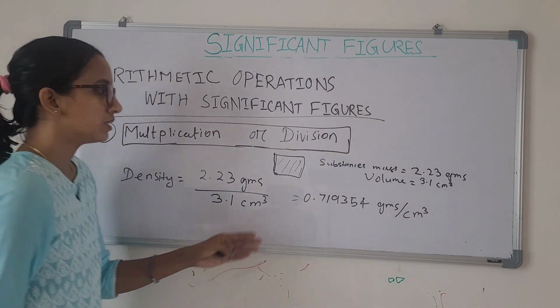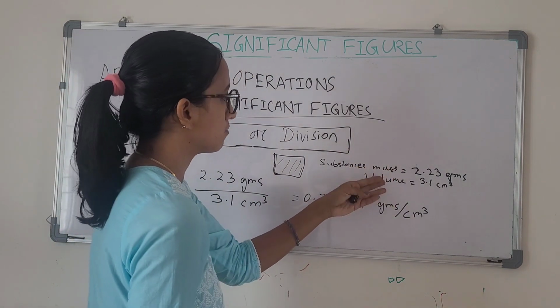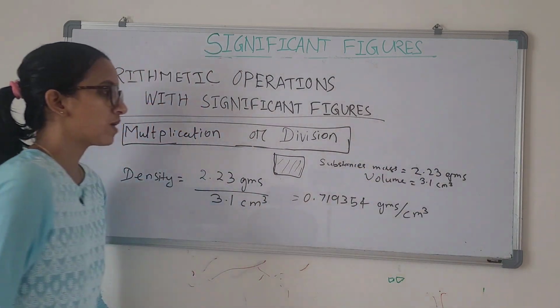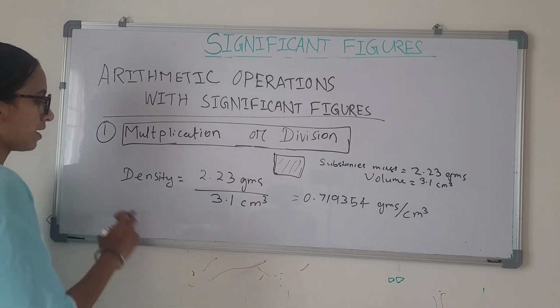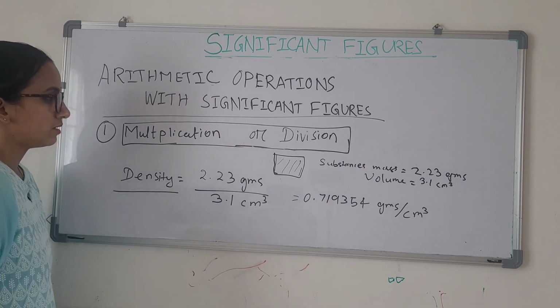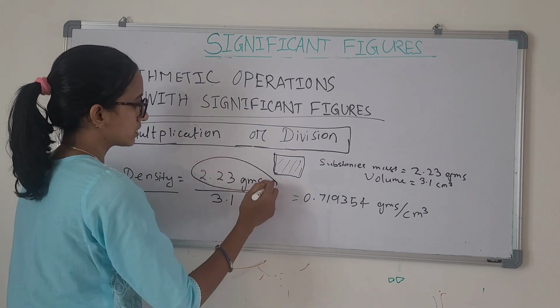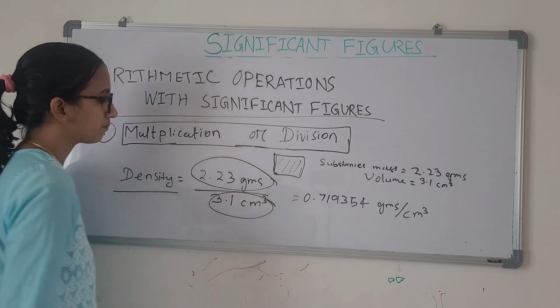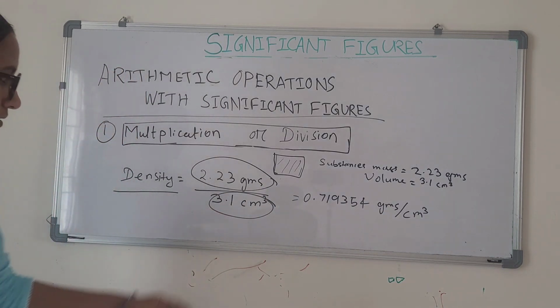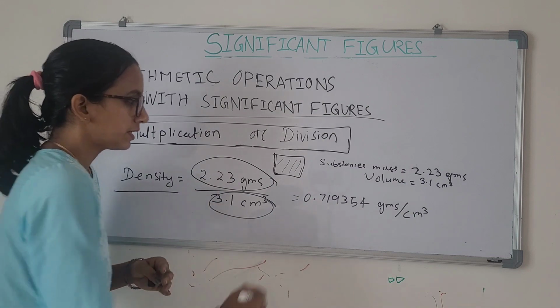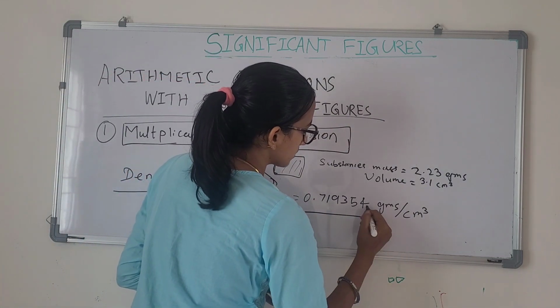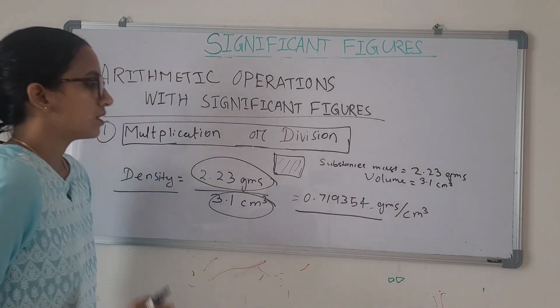You have to find out the density. Then you will divide the mass by the volume of the box. After dividing you will get a number like this, and there are more digits also.